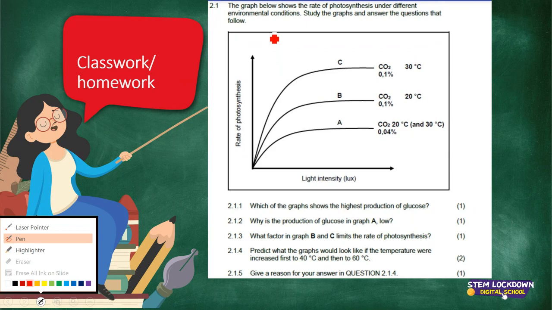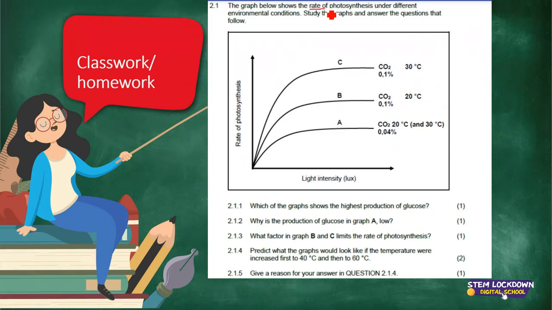Have your highlighter, your pencil, your pen, so that you know what the question is dealing with. As you read here, we're talking about a graph. We have a graphical representation of the rate of photosynthesis under different environmental conditions.